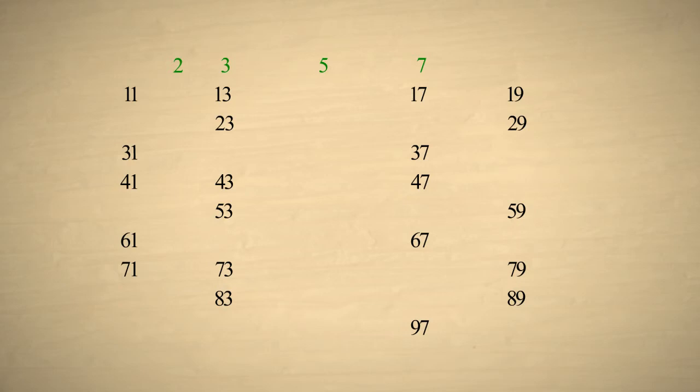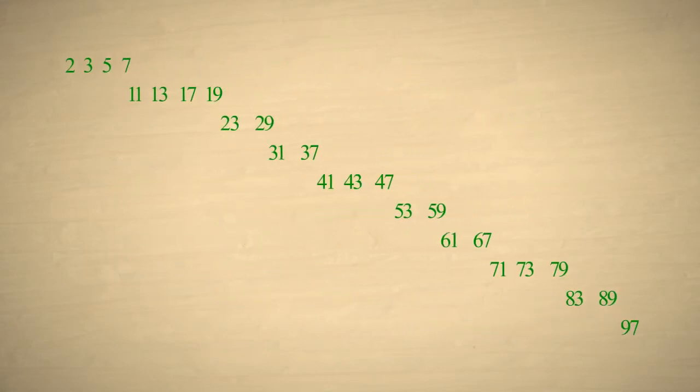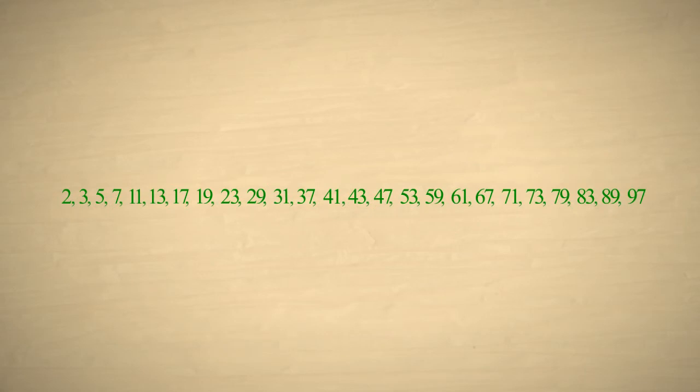We can stop testing prime numbers once we reach a number which, when multiplied by itself, is greater than the highest number remaining in our list. The next number, 11, multiplied by itself, is greater than 97, so we can stop testing. We have eliminated all the composite numbers. Any remaining numbers are prime.